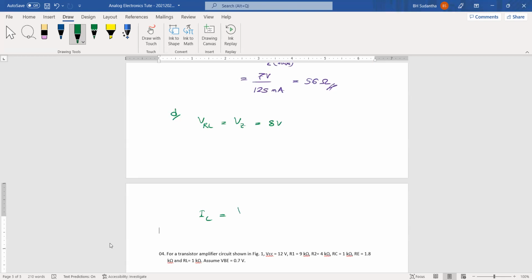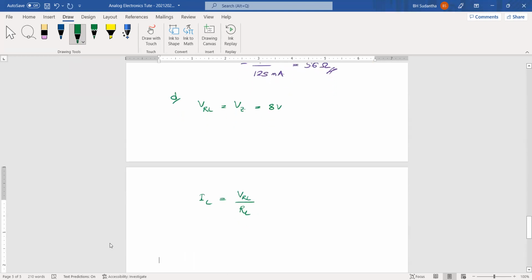This is VRL divided by RL. VRL is 8 volts, RL is 2 kilo ohm. And this is 4 milliamperes.